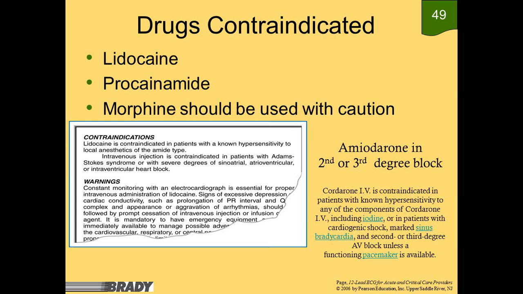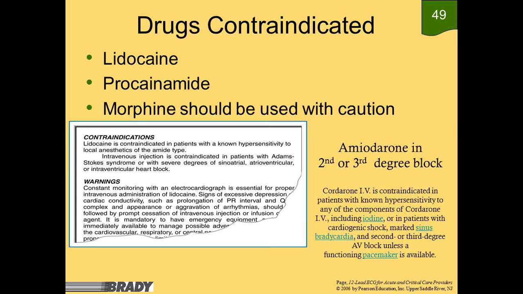It's a cousin to lidocaine. You can see the cane in there. And then amiodarone. So amiodarone is contraindicated if there's a second or third degree block. So lidocaine and procainamide are also contraindicated. Morphine should be given with caution in these blocks. So you've got a patient with pain.